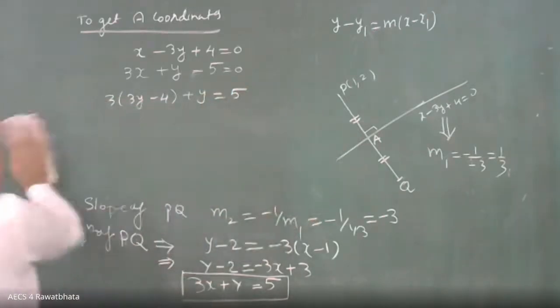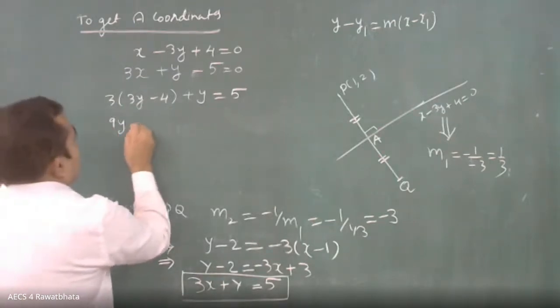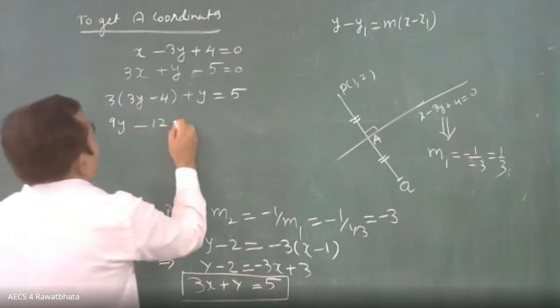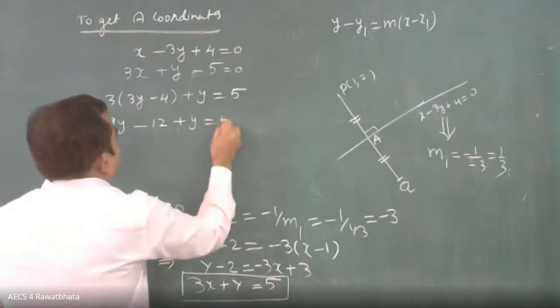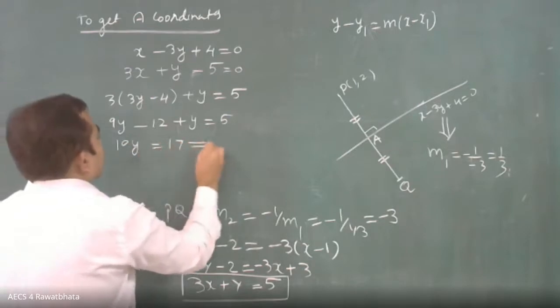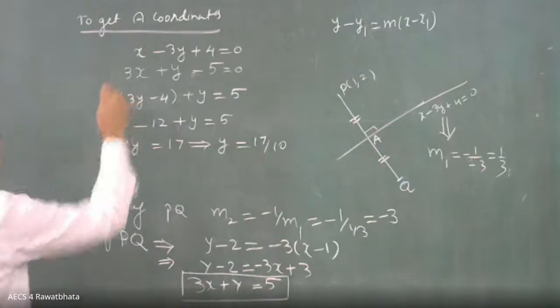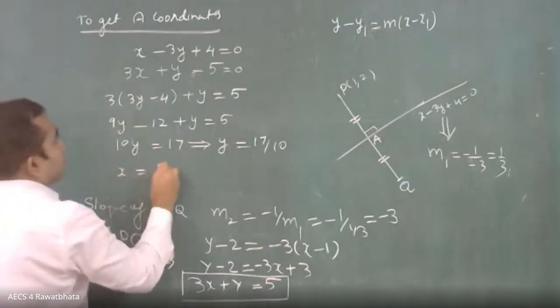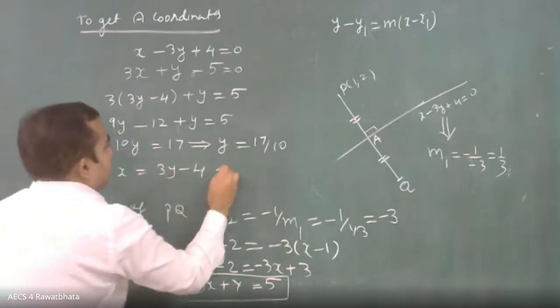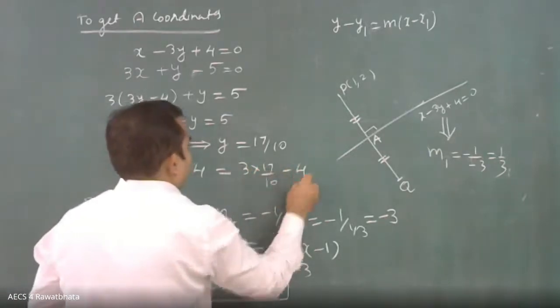Let us see how much will come. This will become 9y minus 12 plus y equals 5. So 10y equals 17 and y equals 17 upon 10. And if I put in the first equation, x equals 3y minus 4, this will become 3 into 17 by 10 minus 4.